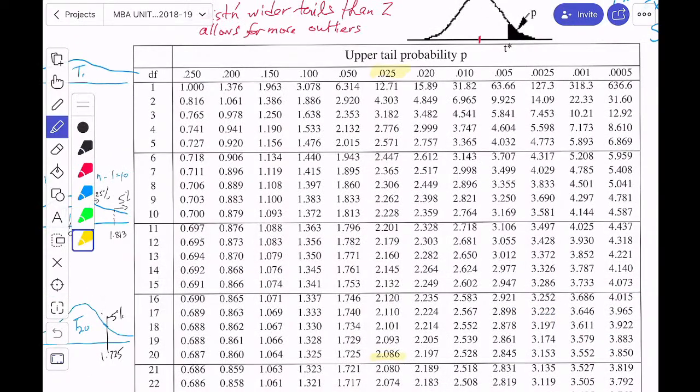So for T16, this is the value for 0.5% or 0.005. So the value is 2.921.